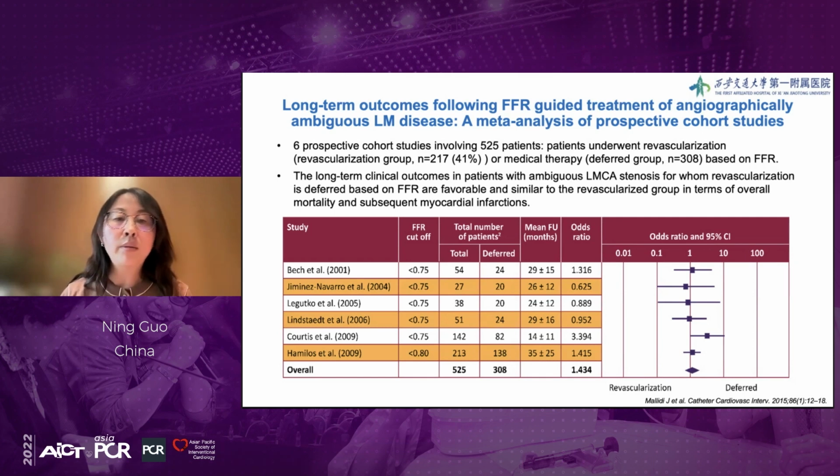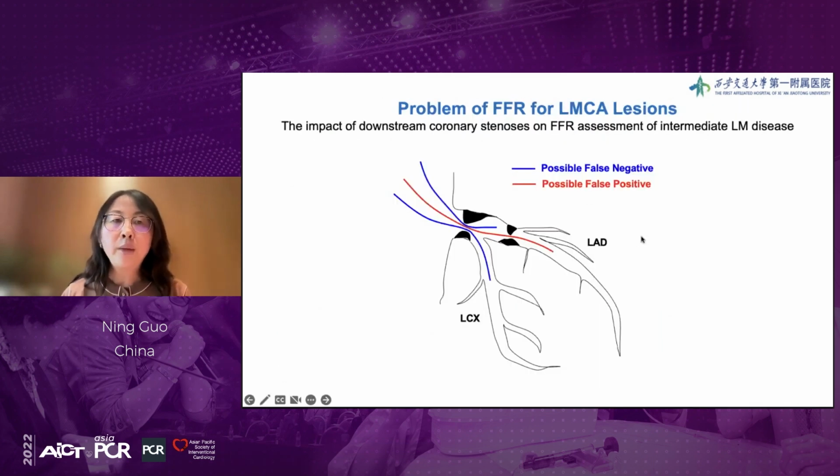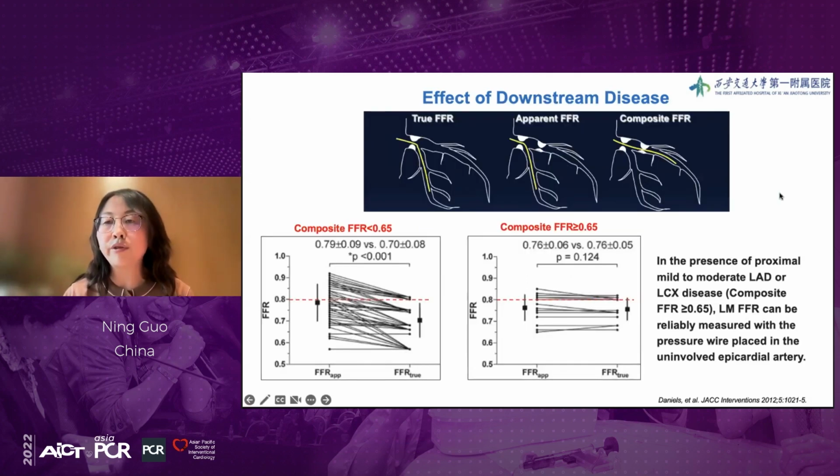subsequent myocardial infarctions. But the problem of FFR for left-main lesions is that it may be influenced by downstream coronary artery stenosis. So possibly we can get a false negative or false positive FFR value.